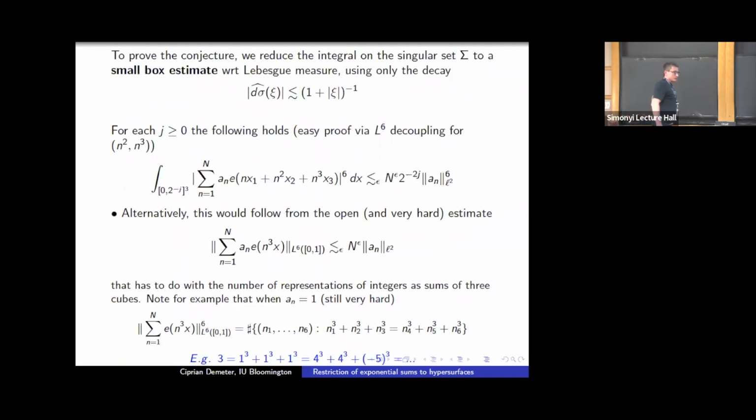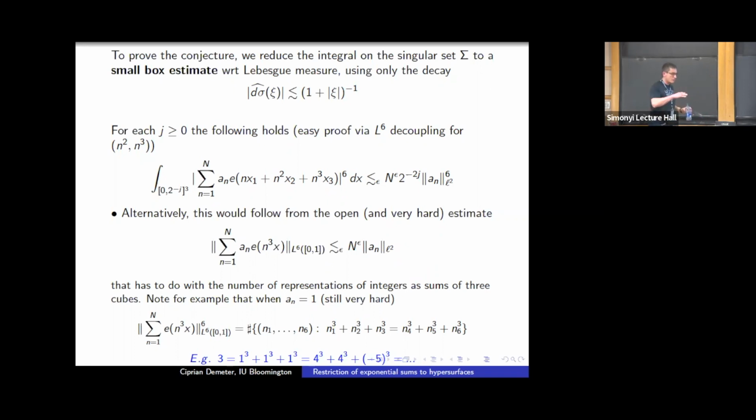How do you prove the conjecture? Well, the first time you look at these problems, they look very hard because you integrate on a singular manifold. So what are you going to do? Well, it turns out that you can look at the Fourier transform of the surface. In the case d equals 3, I already had this on the slide somewhere. If we use the decay of the Fourier transform, which is roughly 1 over |ξ|, you can transform the problem.